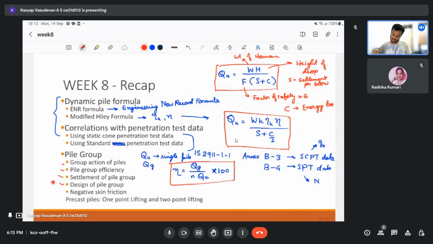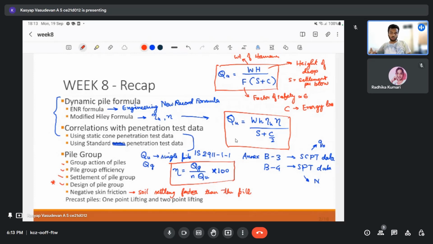Negative skin friction is found in certain cases when our soil is settling faster than the pile. When soil is settling faster than the pile, it will drag the pile down, which counteracts our resistance.